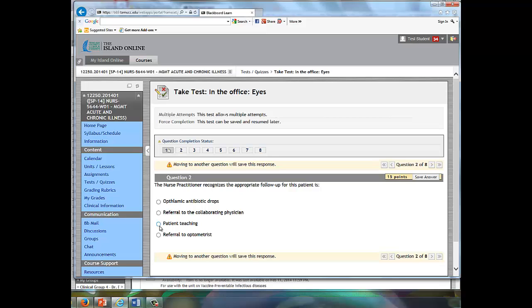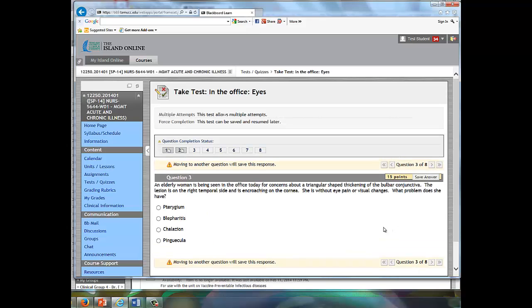I'm going to go with patient teaching. Antibiotics are not indicated for a subconjunctival hemorrhage. Bacterial conjunctivitis would have the sclera mostly red all over, not just in one spot. So it's not something that needs to be looked at by the physician or specialty care.